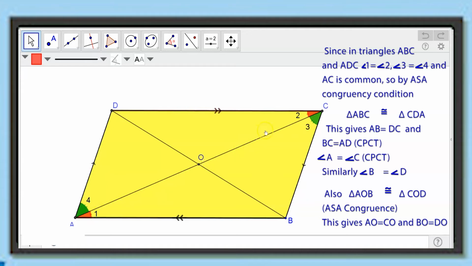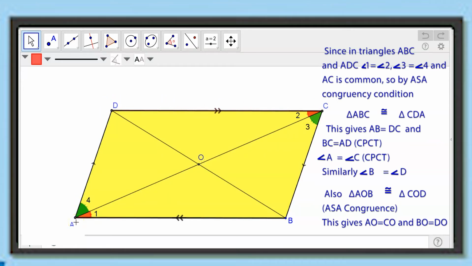Angle 1 has become equal to angle 2 and also angle 3 has become equal to angle 4. Now AC is a common side for both these triangles. So am I able to see the congruence between the 2 triangles now? So by using the ASA congruence rule, we can tell that triangle ABC is congruent to triangle CDA.